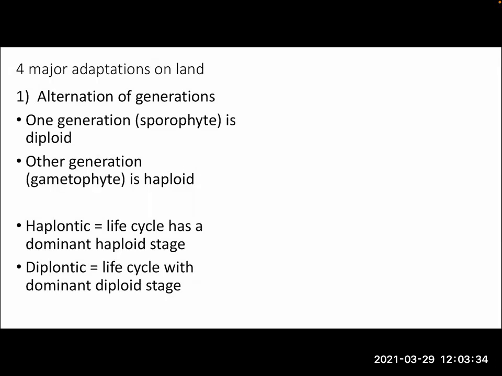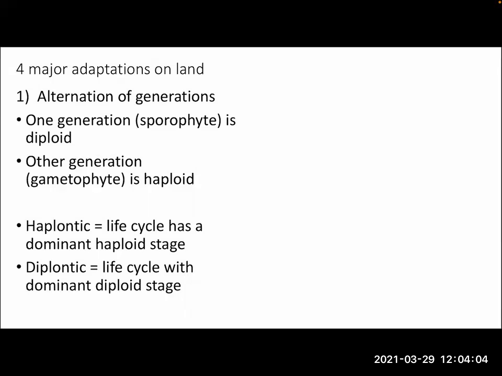And we can talk about the different stages of the life cycles based on whether or not they are diploid dominant or haploid dominant. So what we mean by dominant is if you go out on the landscape and you see a plant growing, and that plant stays in that portion of the life cycle for a majority of the time, that's the dominant portion of the life cycle.